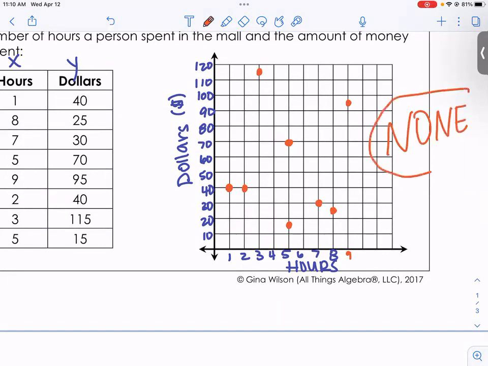They just look in the windows but don't buy anything. Or maybe you know exactly what you want. You go into the mall, you spend a lot of money, and you're out. There's no relationship.